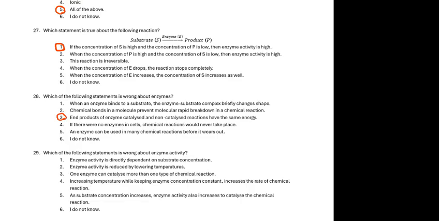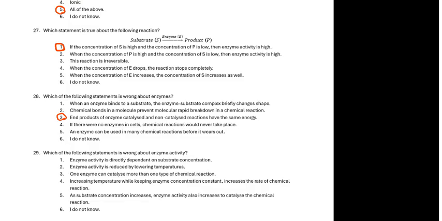Which of the following statements is wrong about enzyme activity? So enzyme activity is directly dependent on substrate concentration. Yeah, this is true. When you increase the substrate concentration, it increases until it reaches a state where it is saturated. Then enzyme activity is reduced by lowering temperatures.